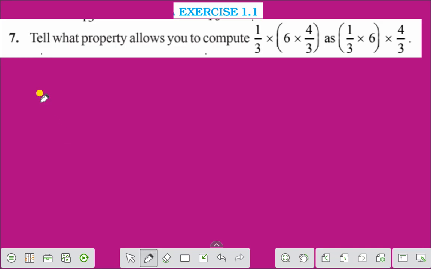If we write this, then we can write here (1/3 × 6) × 4/3 is equal to 1/3 × (6 × 4/3).